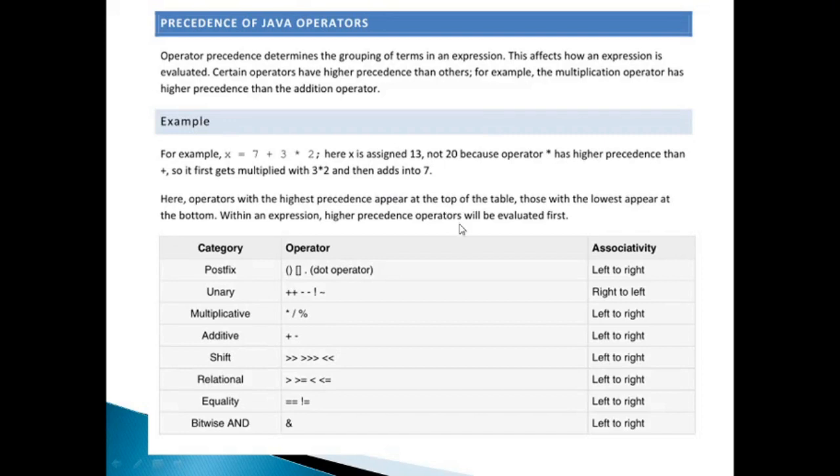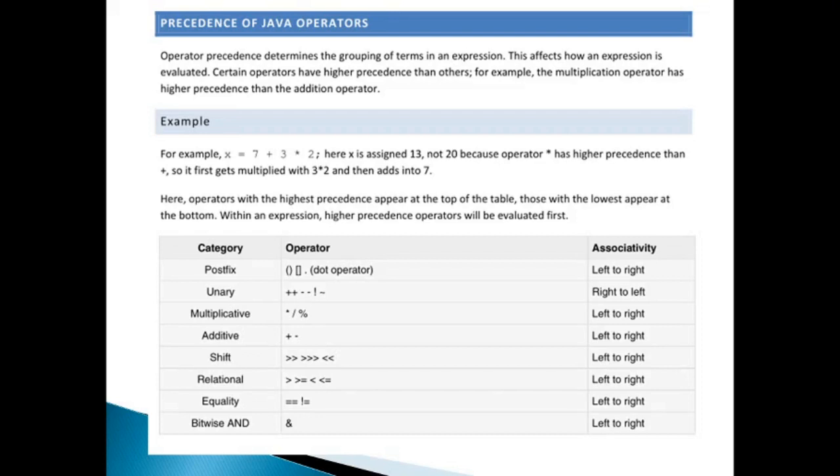You can see the postfix category has the operators: parentheses, square brackets and the dot operator. These follow associativity. What is associativity? Associativity is a term concerned with precedence. Precedence is among different operators, and associativity is between operators of the same precedence.